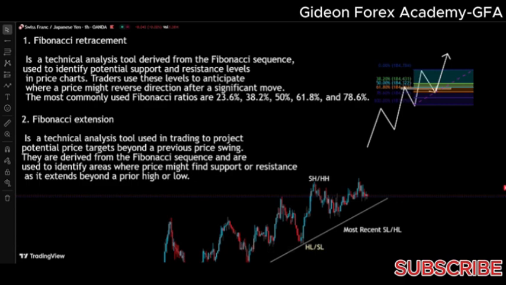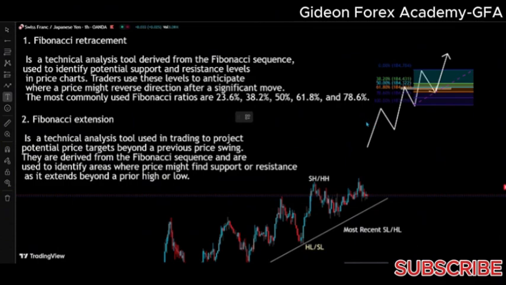So here you'll be looking at buying, okay, at a potential retracement of 50%, 61.8 or 78.6%. Sometimes 38.2% also, okay, is favorable, as long as you see a confirmation around those levels. Either 38.2, 50%, 61.8 or 78.6%.